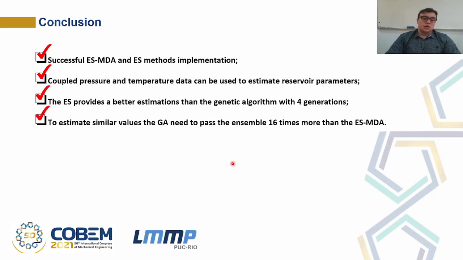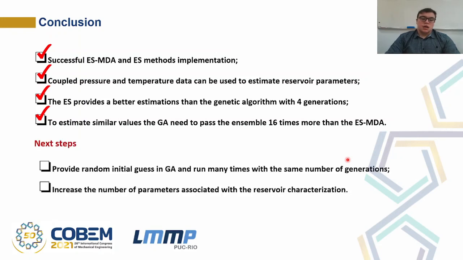And to estimate similar values, the GA needs to pass the ensemble 16 times more than the ensemble smoother with multiple data assimilation. As future work, we want to provide a random initial guess to the genetic algorithm and run many times with the same number of generations to evaluate the impact of the observed data. And we want to increase the number of parameters associated with the reservoir characterization.